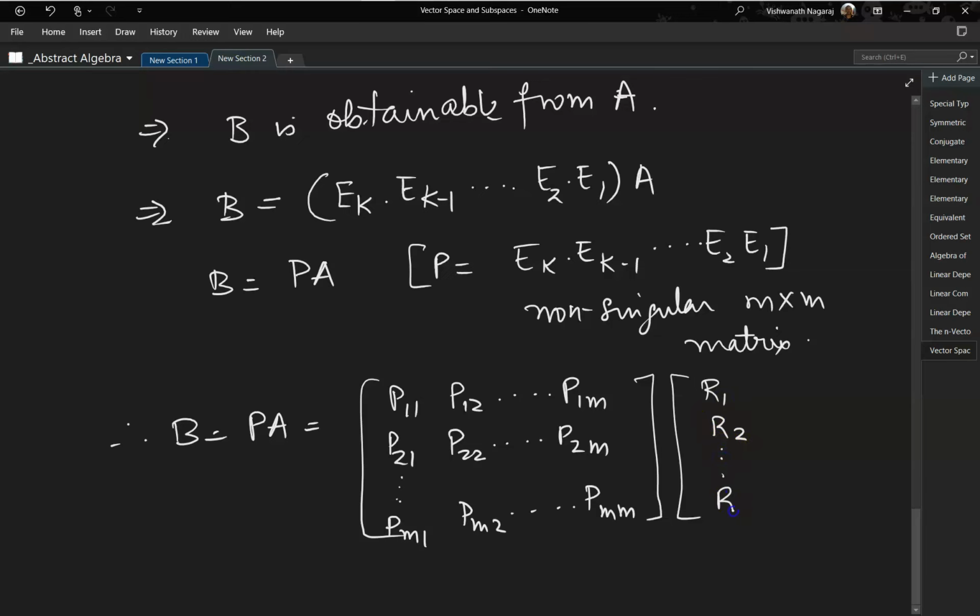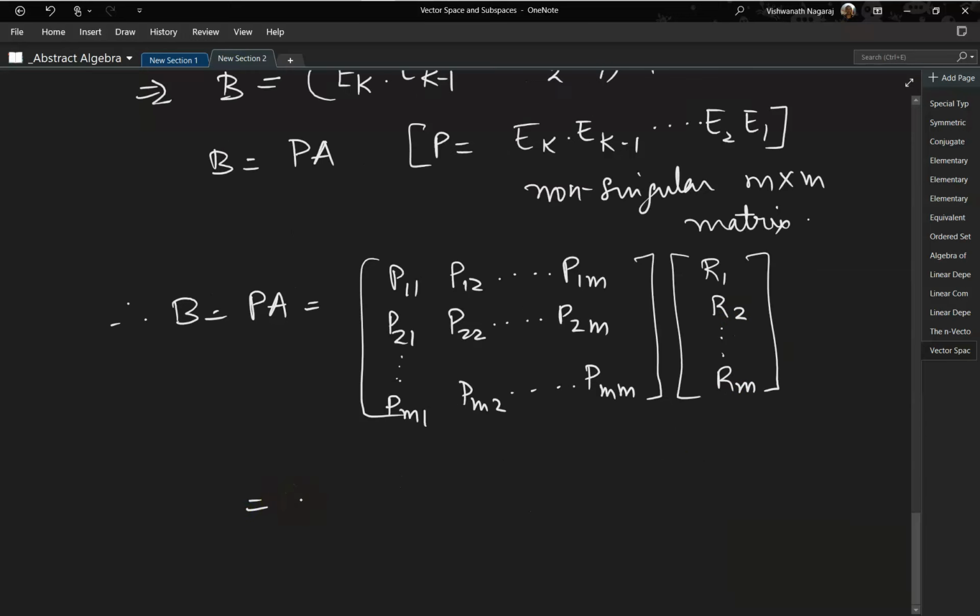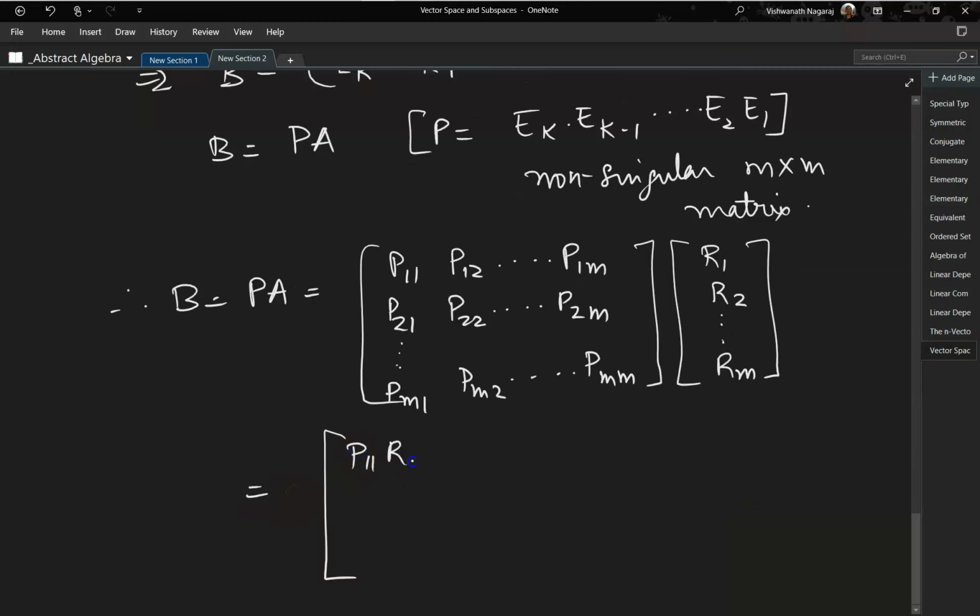This can be written as P11 R1 plus P12 R2 and so on up to P1m Rm.